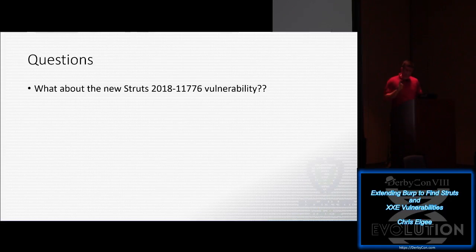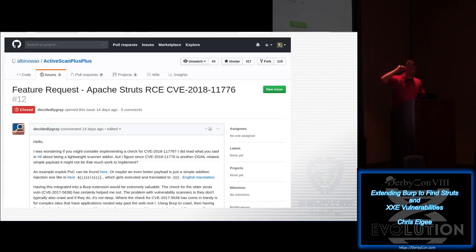So to answer your first question, what about the new Struts, right? The one that just came out this summer, 11776. That one, we actually got, and I say we as though James Kettle and I hang out, but we got a request from Decidedly Gray asking for that, and I looked into it, and it wasn't much different from the other vulnerabilities.